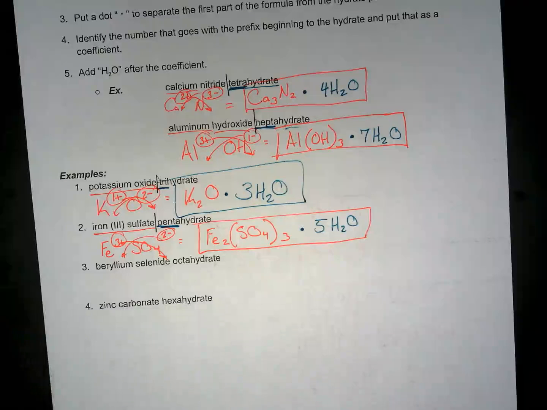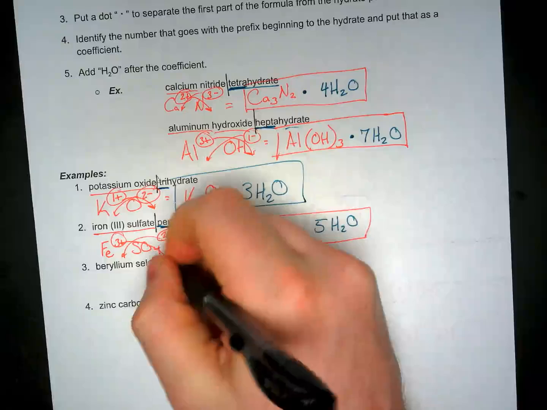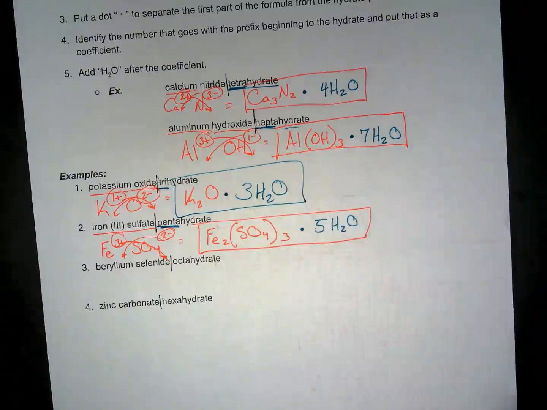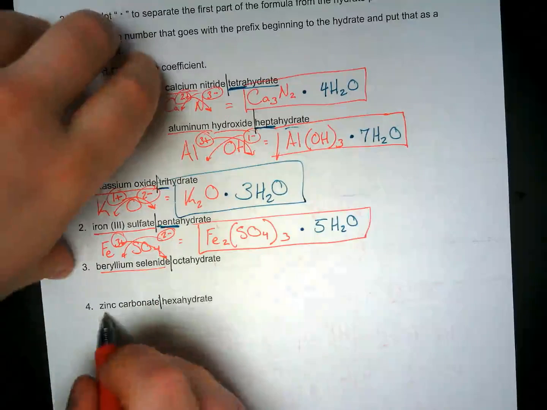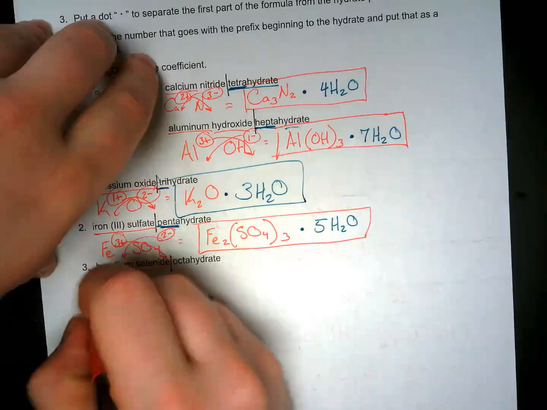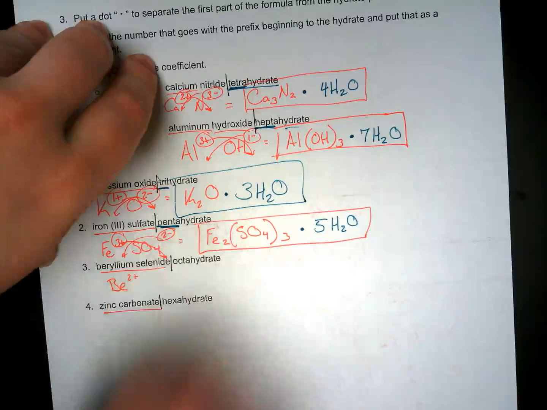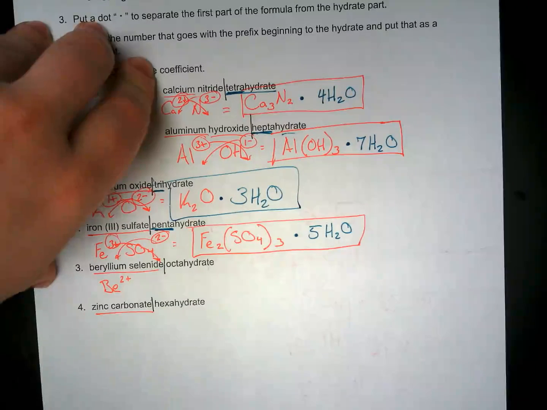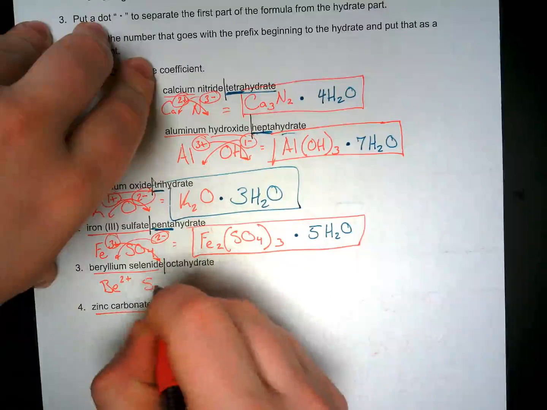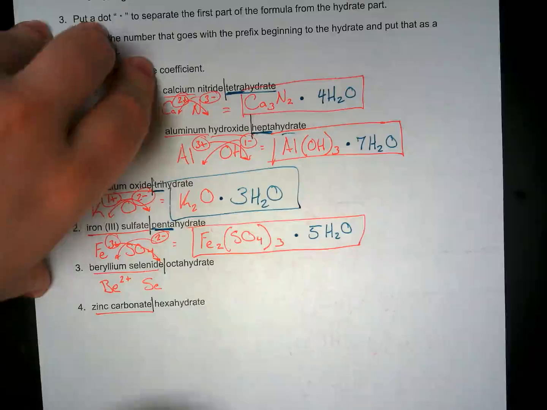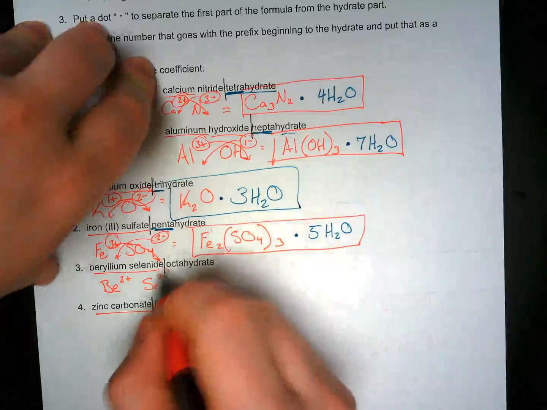Okay, so beryllium selenide octahydrate. So, and for both of them, I'm going to separate them here, just so I can focus in on this side first. So beryllium selenide, so beryllium is Be. Beryllium has a charge of 2+. Selenide, that's selenium, so that's Se, and it has a charge of 2-.